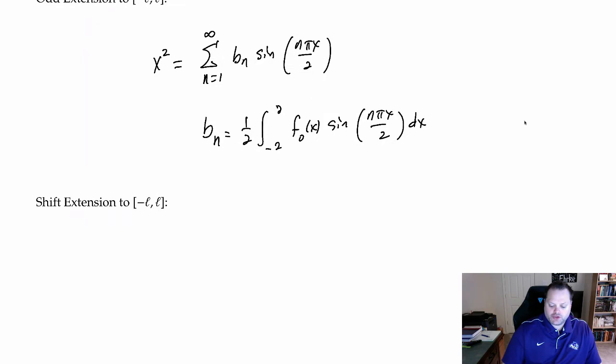Okay, the shift extension will involve both cosine and sine, so we have a full Fourier series here.